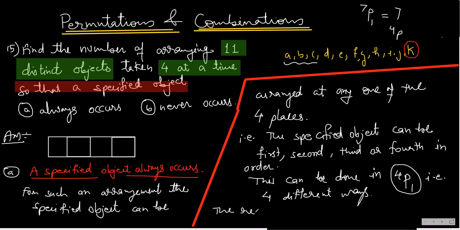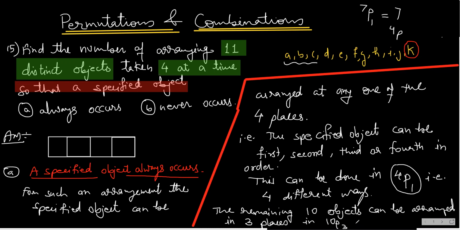The remaining 10 objects can be arranged in 3 places in 10P3, equals 10 into 9 into 8, that is 720 ways.